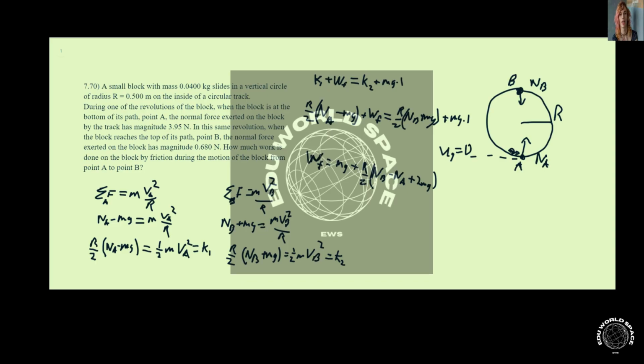Okay, now we can solve this. We have the work due to friction as a sum of things that are just numbers now. So the work due to friction is equal to 0.3924 joules plus r over 2 times (Nb minus Na) plus 2mg.